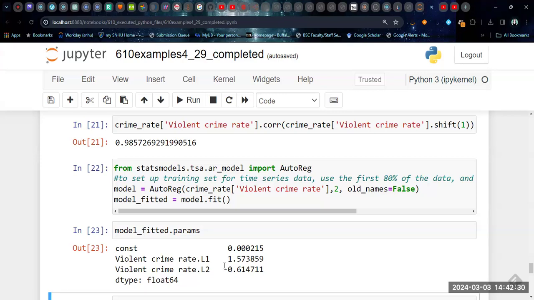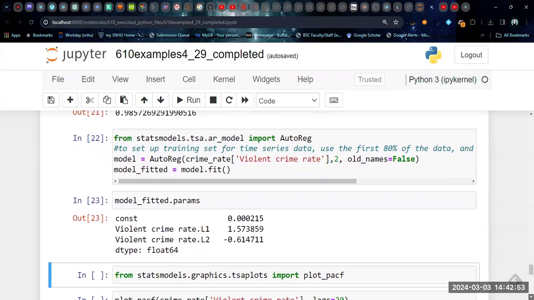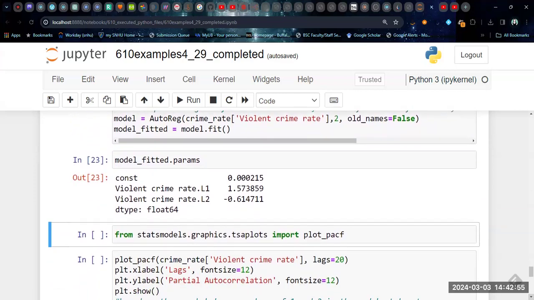So if I had 2013 and 2014 data and I wanted to pick 2015 data, then I would use 2013 data here, 2014 data here, and then add this constant, and that would indicate what I would predict for the 2015 crime rate.